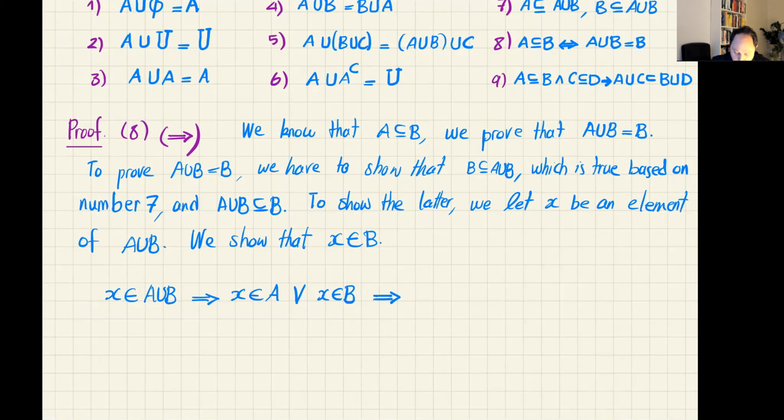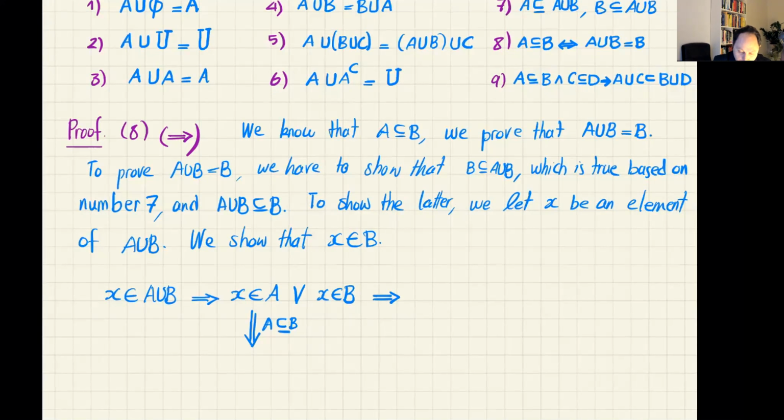Well, we know that A is a subset of B. Exactly. We know that A is a subset of B. Okay, so even if this case is happening, I don't have any problem.